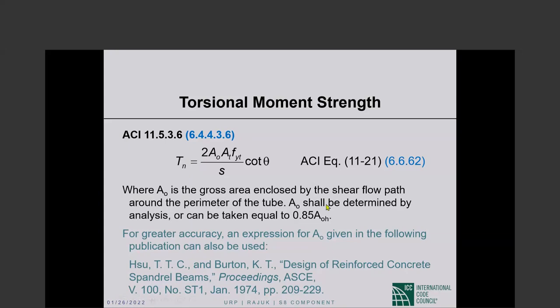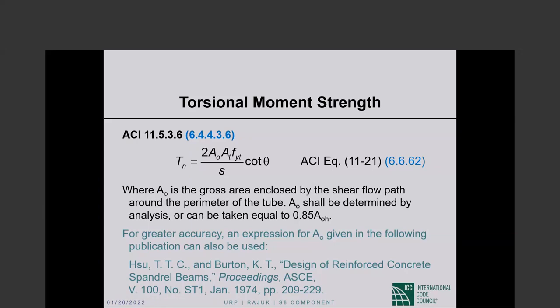A sub 0 is important. A sub 0 shall be determined by analysis. That is an option available to you. But in design, we typically take it equal to 85% of A sub 0 h, the area within, remember, the perimeter of the outermost closed torsional reinforcement. That is something we can figure out very easily.